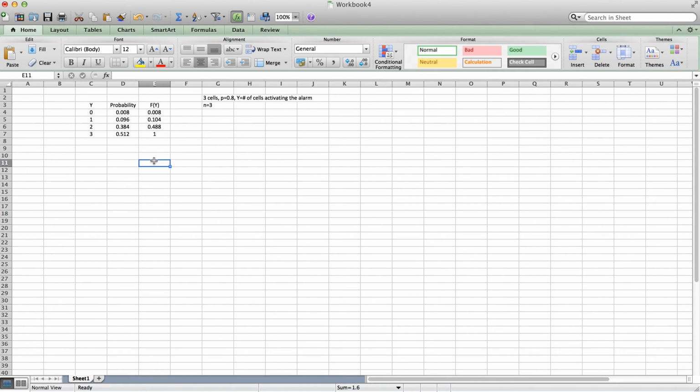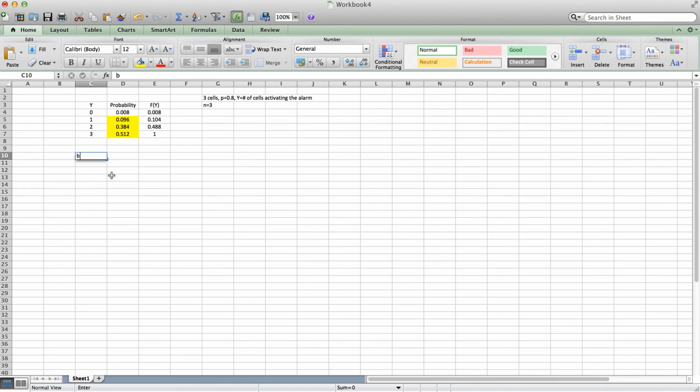And for letter B, they ask you about the probability that the alarm actually functions. If you remember, with one or more cells activated, the alarm functions. So these 3 are going to be the cases where you have the alarm working, with y equals 1, y equals 2, y equals 3.